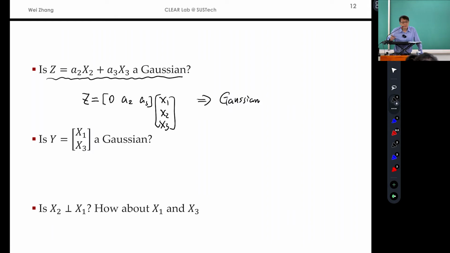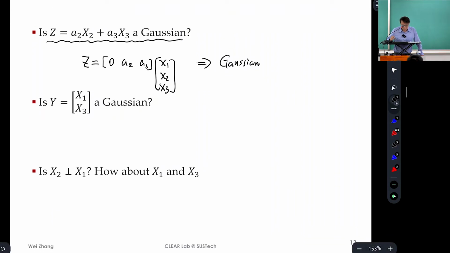Are you with me? Can you check by definition? Yes, you can do integration. Now what I'm asking is, is this Y Gaussian?